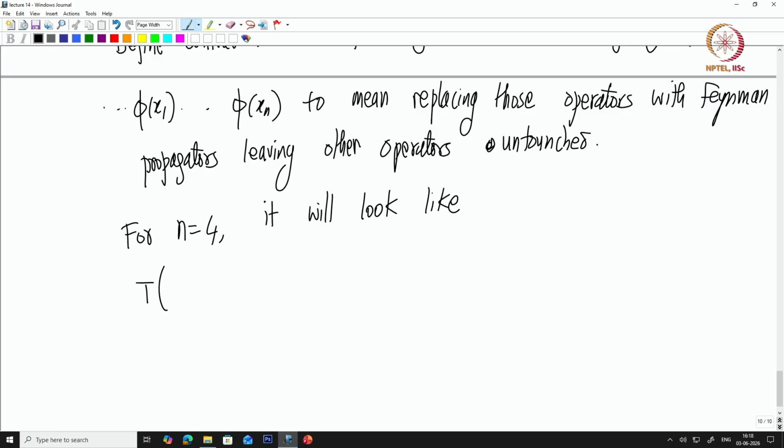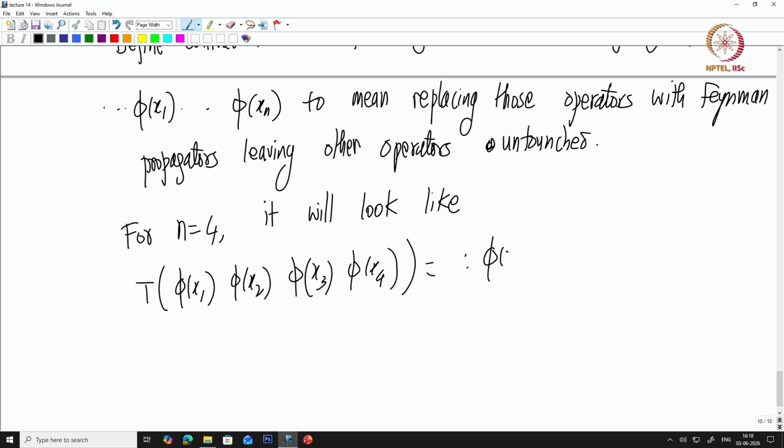Time ordered product of phi of x1, phi of x2, phi of x3, phi of x4 is equal to the normal order product of phi of x1, phi of x2, phi of x3, phi of x4, plus, think of all possible contractions, essentially.